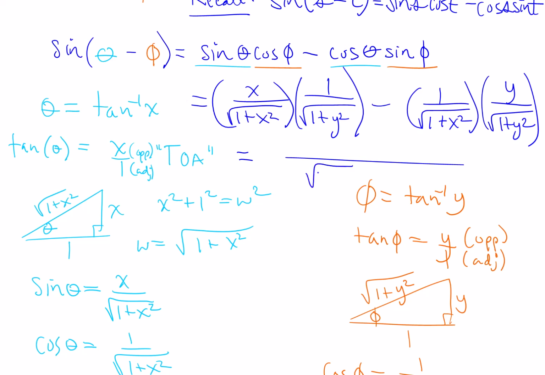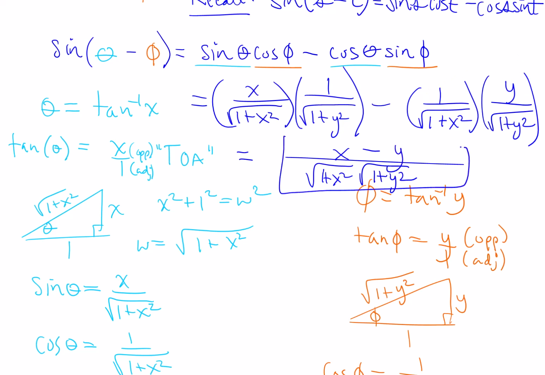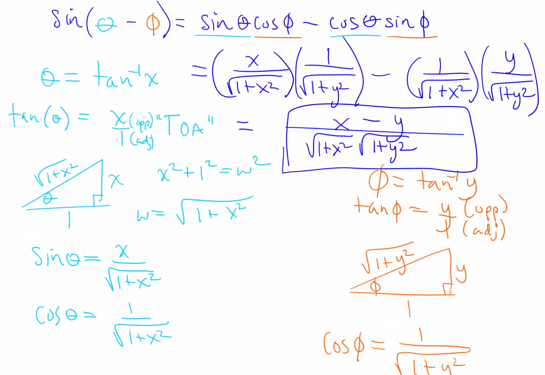So we'll have the common denominator of the square root of 1 plus x squared times the square root of 1 plus y squared, again coming directly from the previous step. And then the numerator would just be the subtraction we have. That's x times 1 for the first term, or x, and then a minus, and then y times 1 for the second term, or in other words, y. So what we have is an expression only in terms of x and y for our final result. That final answer is a large fraction whose numerator is x minus y and whose denominator is the square root of 1 plus x squared times the square root of 1 plus y squared.